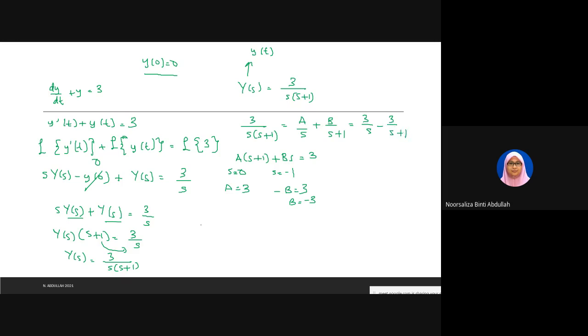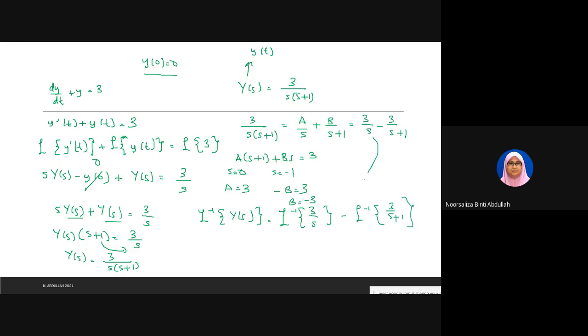So you want to find the inverse of Y(s), which is the inverse of 3 over s minus the inverse of 3 over s plus 1.